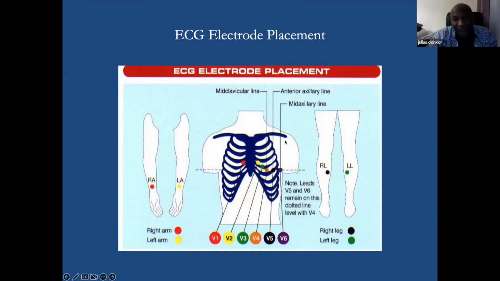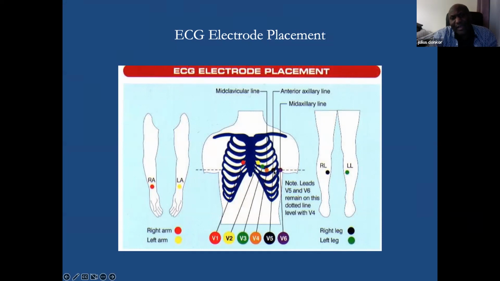Then between the midline of the clavicle, you've got your V4 on the 5th intercostal space, and your V3 is between your V2 and your V4.